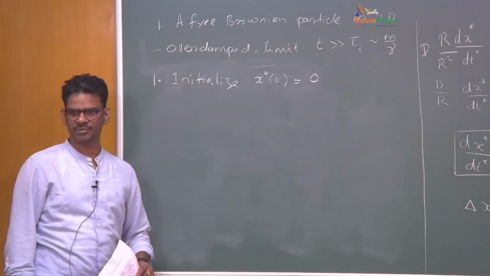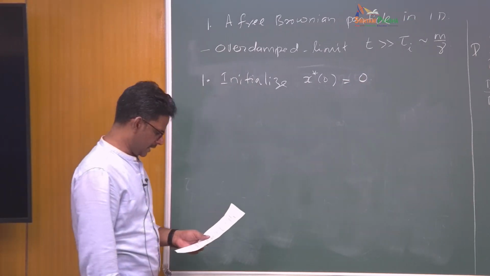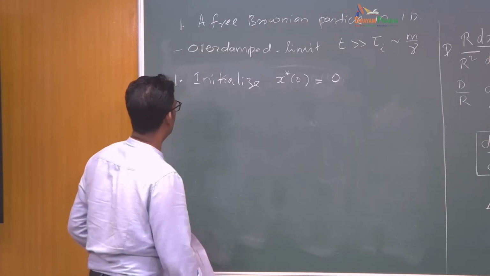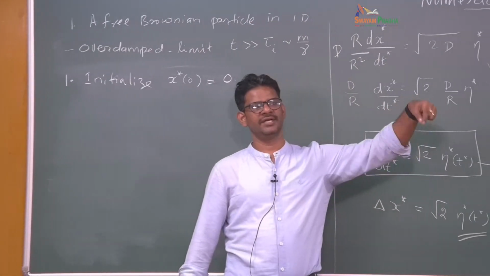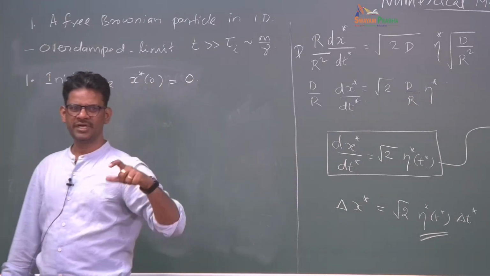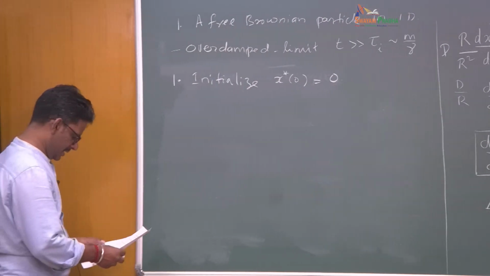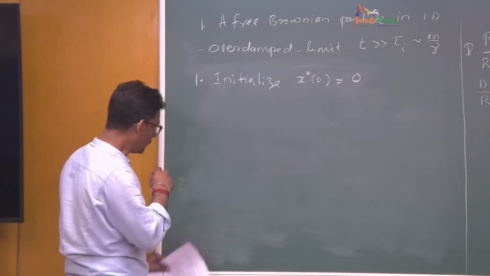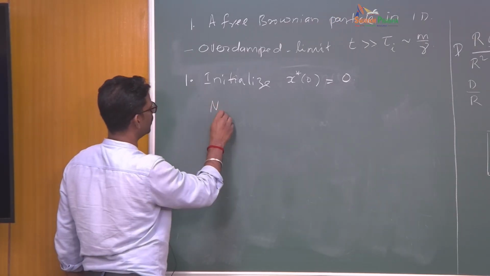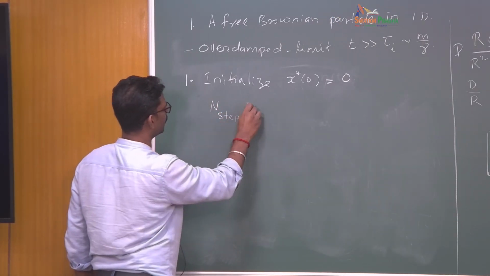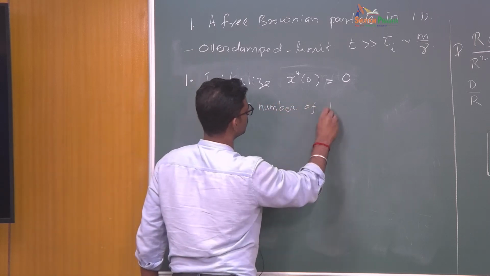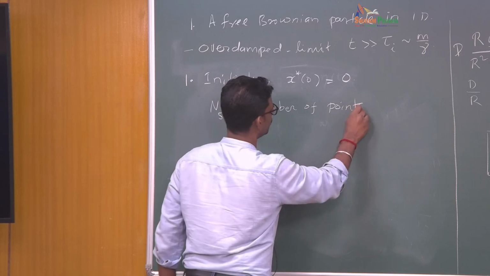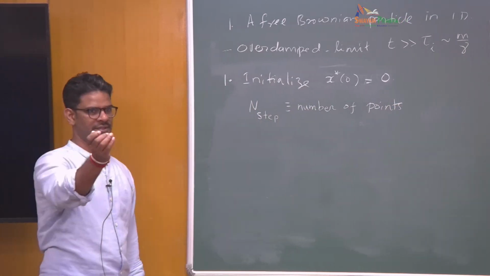You can start from the origin, and for the trajectory you are creating in discrete time steps, you decide how many data points you want to create. You say I want n step number of data points. This is something you have to choose, 1000 points, 10,000 points, and so on.